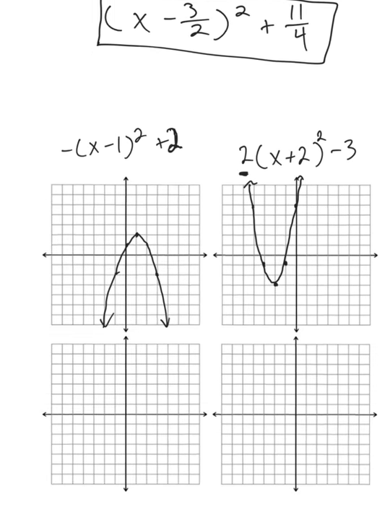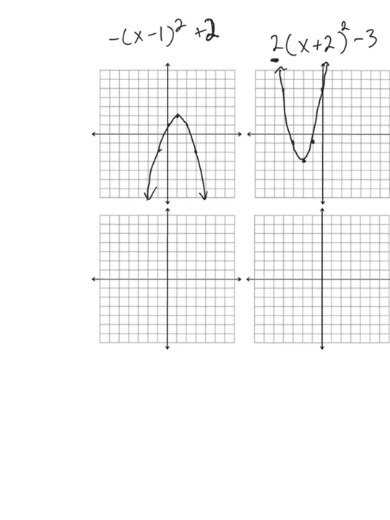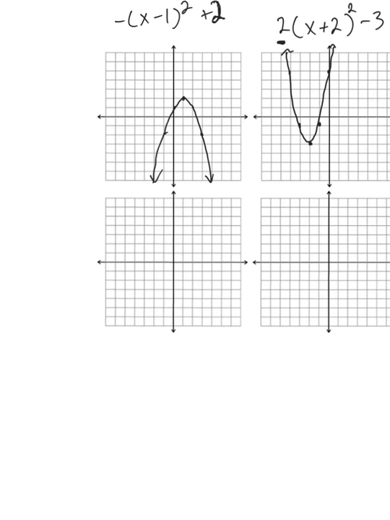What if we have an equation where the variable is on the inside of the parabola, right? So what if we had, let's say, (2x plus 1) squared minus 3? Well, here, notice that the 2 is on the inside.